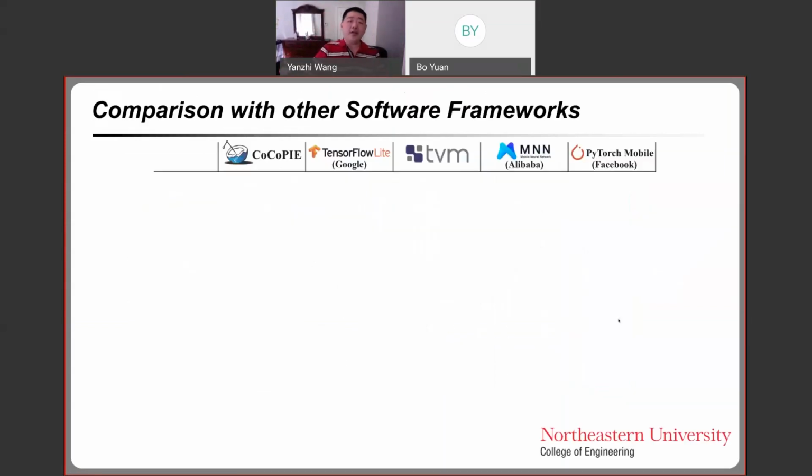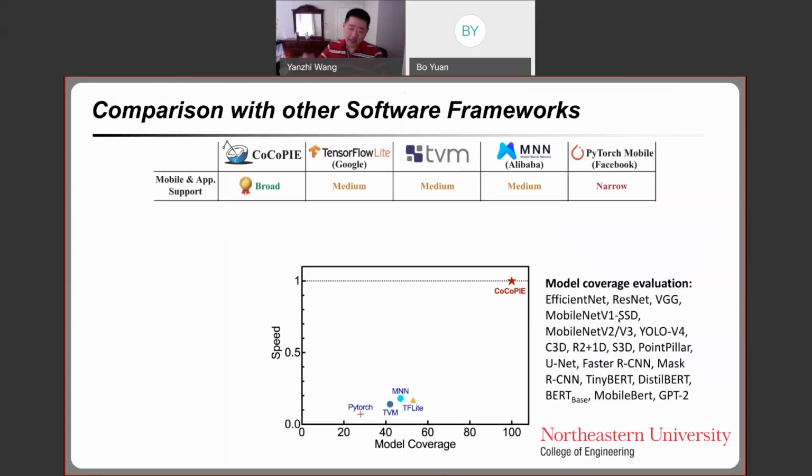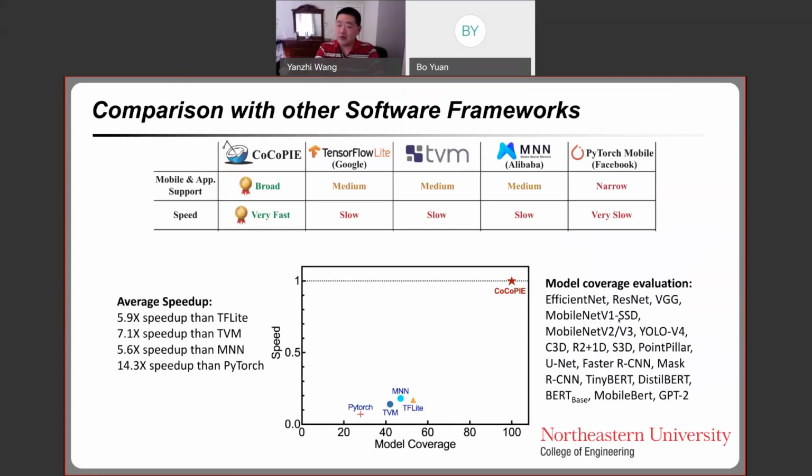If we compare with the other software frameworks, like the competing frameworks TF-Lite, TVM, and MNN, and so on, we can see we support much wider model coverage and mobile CPU and GPU coverage. We achieve an average speed up from 5.6 times to more than 14 times.